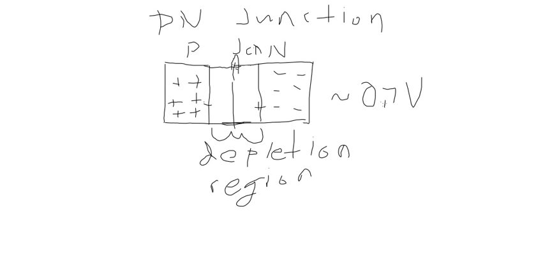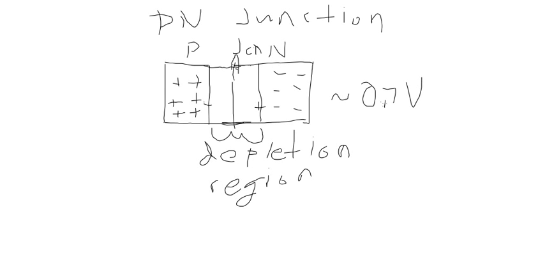0.7 volts. That is not an exact figure, and it will change from diode to diode. I think the video I had you watch may have said 0.65 or point whatever. But I've seen books say 0.75, 0.8, 0.65, 0.6. 0.7 seems to be about the average of all of them, and different diodes have different voltages.